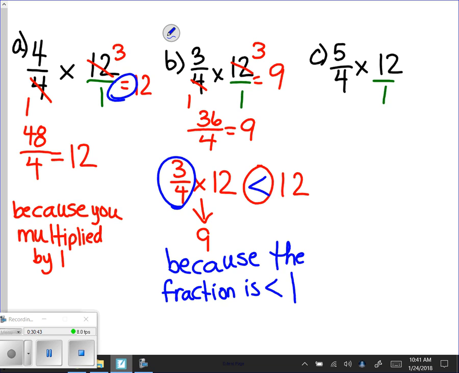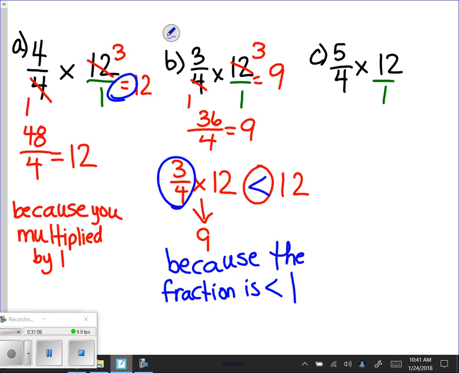Your product will always be lower. It could be 99 out of 100 and it would still be lower. It could be 99,999 out of 100,000 and your product will still be lower if it's less than 1.